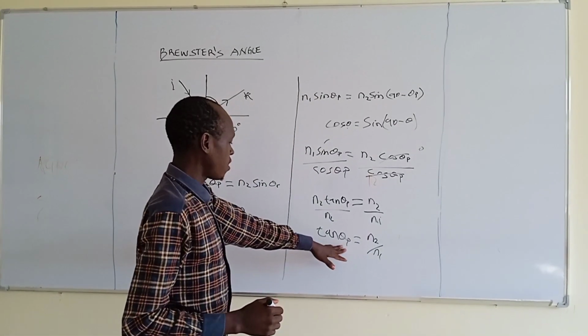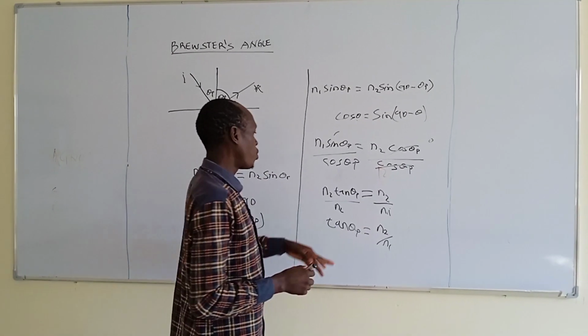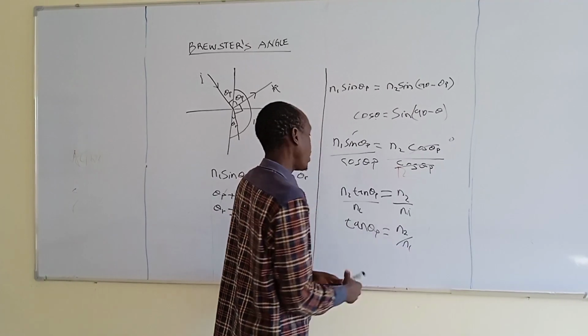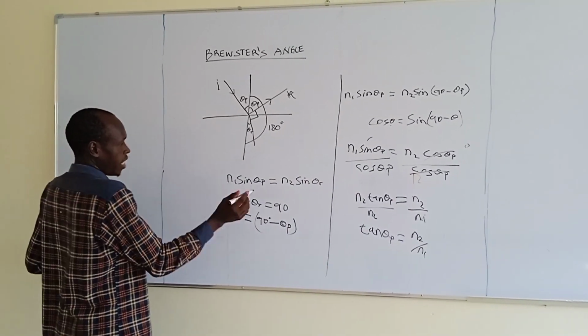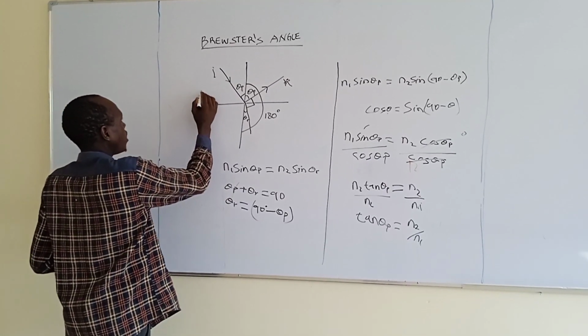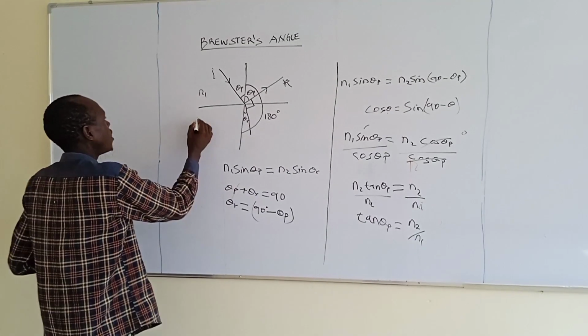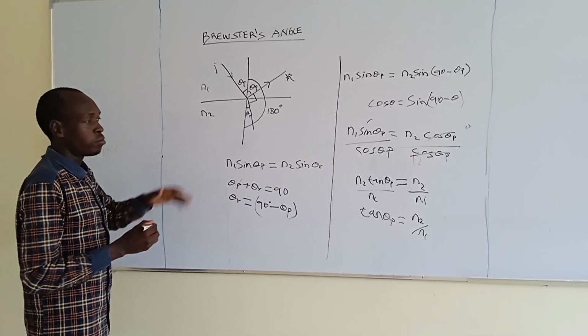After having this, if you want to find the Brewster's angle, you shall have to divide n2 by n1. And from our equation here, n1 means medium 1, the refractive index of medium 1, and n2 is the refractive index of medium 2.